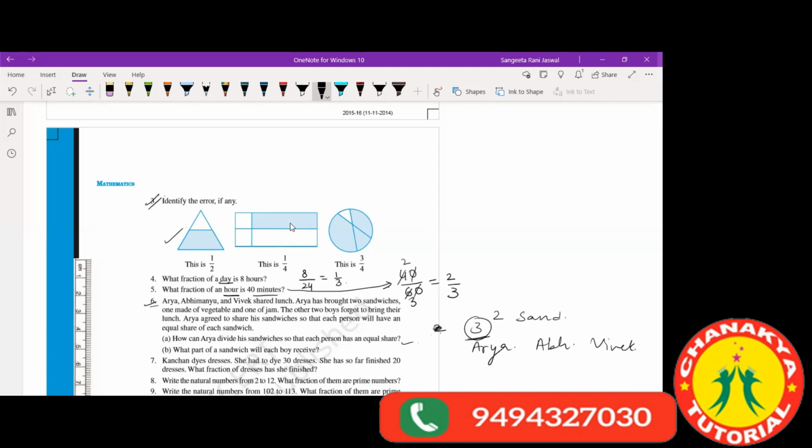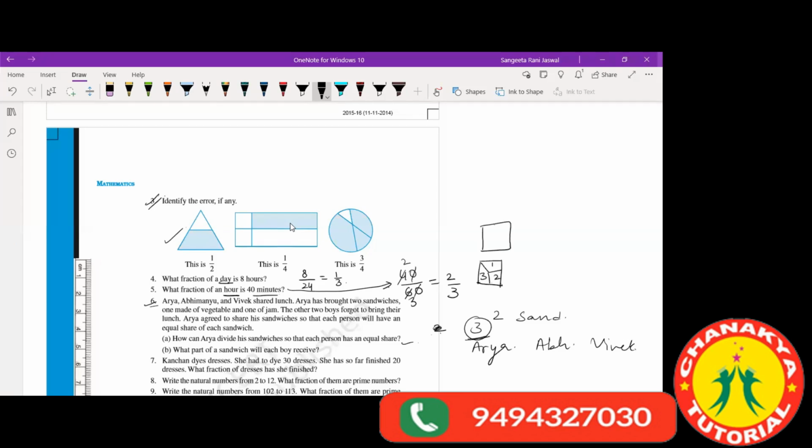Okay. Are you understanding? So suppose this is a sandwich. He will divide it into three equal parts. Somewhere like this. All right. Into three equal parts. So each friend will take one part of this.